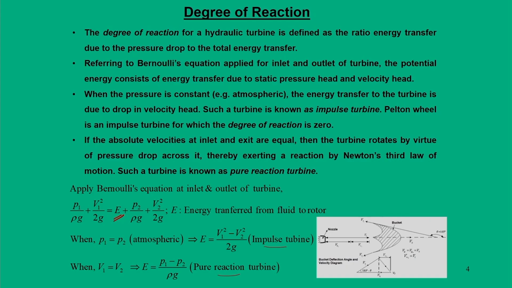So, there has to be some compromise between velocity head as well as the pressure head, and such turbines we call as mixed flow turbines.